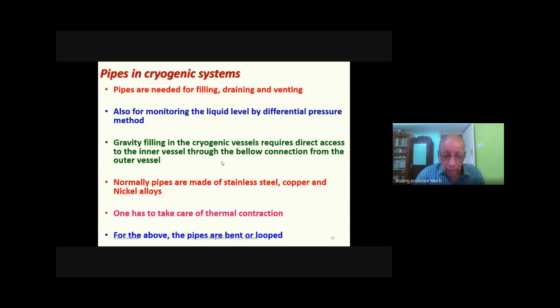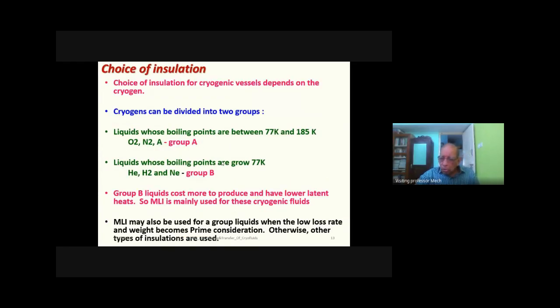During that time, there can be thermal contraction, and during the thermal contraction, there will be a lot of strain between the places where the joints are made. For this purpose, the pipes are either bent or sometimes looped so that they can take care of this thermal contraction.